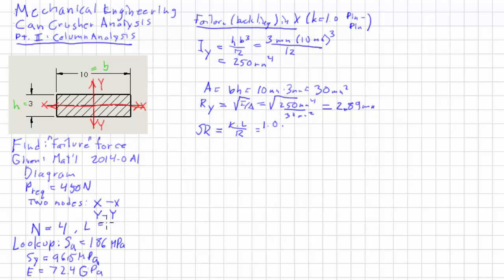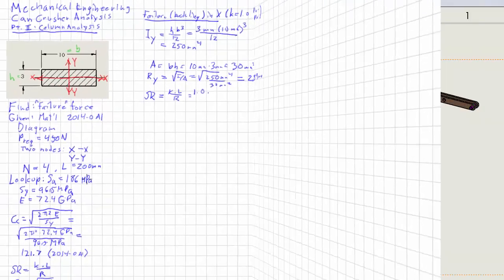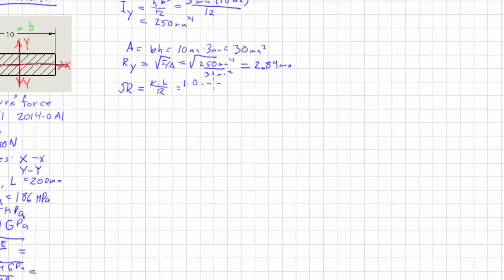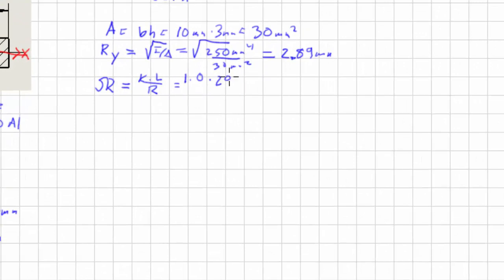L is 200 millimeters. That's from the diagram from before. So here's the 200 millimeters right here. So 1.0 times 200 millimeters all over R, which is 2.89 millimeters. And again, millimeters cancel out, and we have a unitless number, which is 69.3.